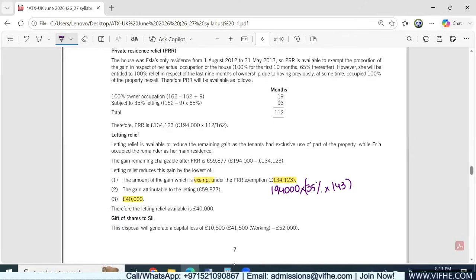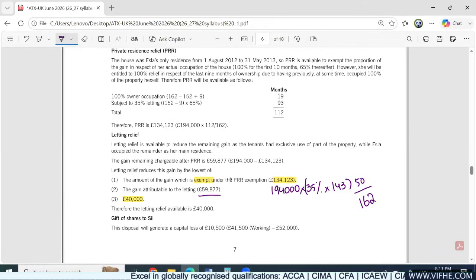This is 143 into 35, which is almost equal to 50 months. So 50 months out of the total period of ownership, which is 162, tells us how much of the gain is attributable to letting, and that is 59,877.